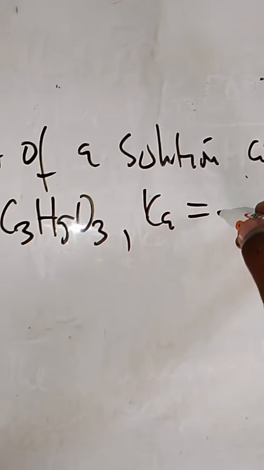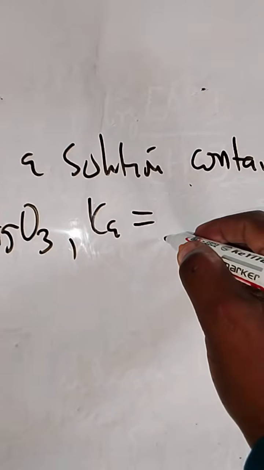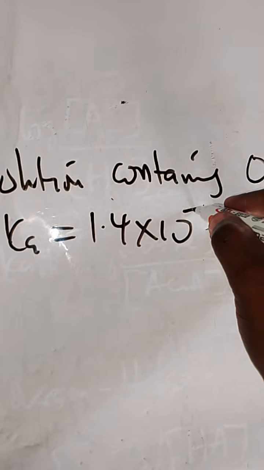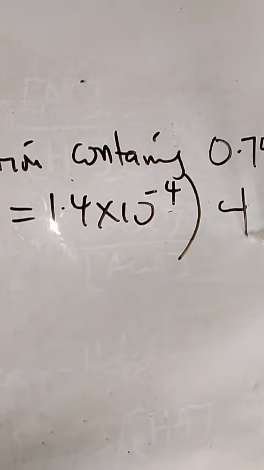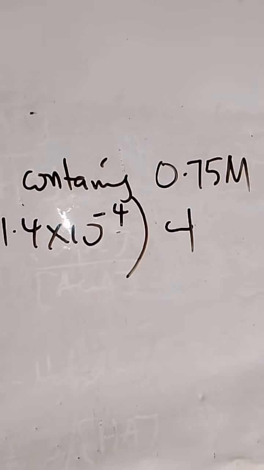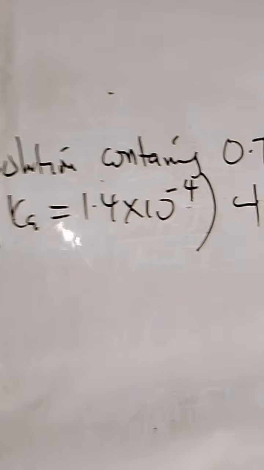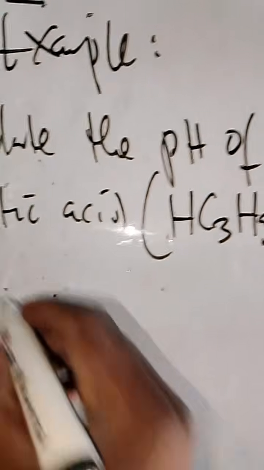Ka for lactic acid is 1.4 times 10 to the power -4, and 0.25 molar sodium lactate.